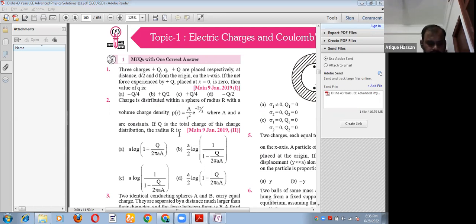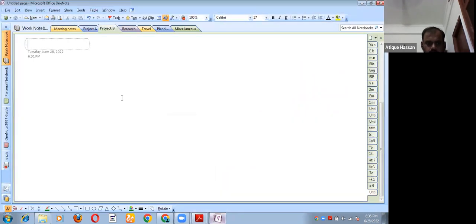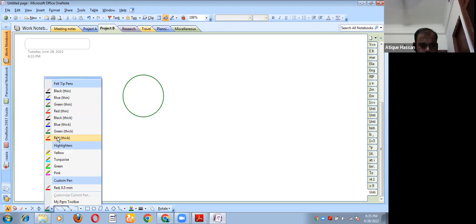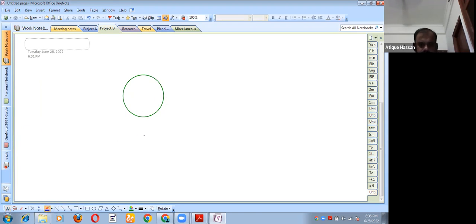So let us understand the diagram. Suppose we have a sphere like this, a conducting sphere, and the charge density of this sphere, charge per unit volume, suppose it is rho.